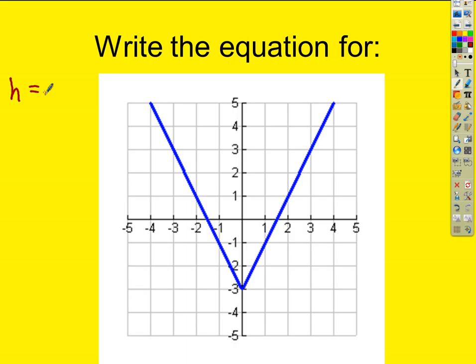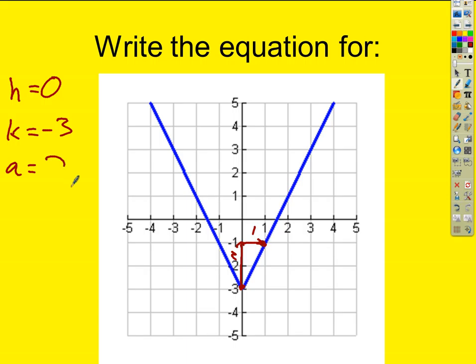The x-coordinate of the vertex is 0, right? What's k? -3. And what's a? 2. +2. If I look at 2 convenient places there, I'm going to rise by 2 and run by 1 to get to my second point, right?